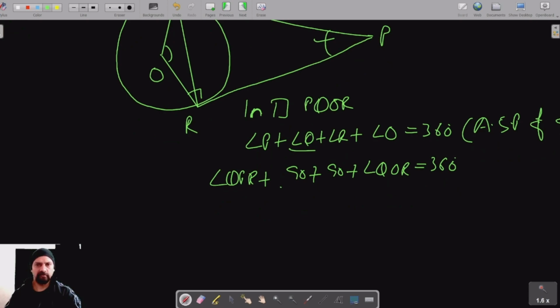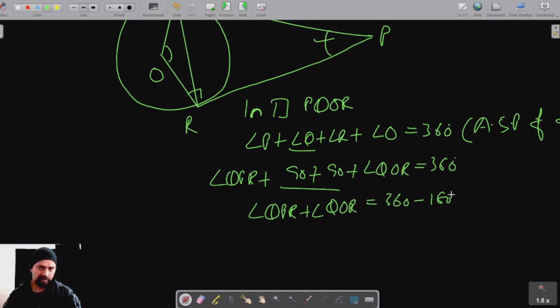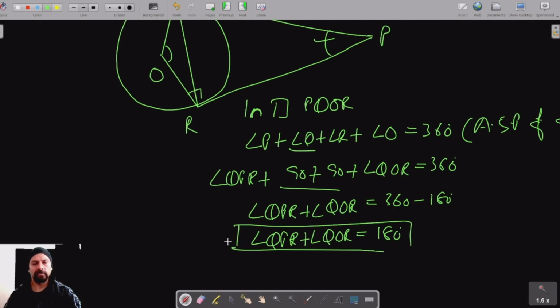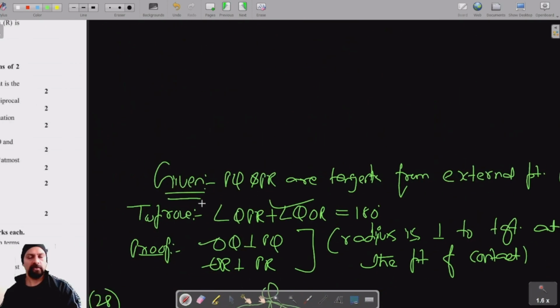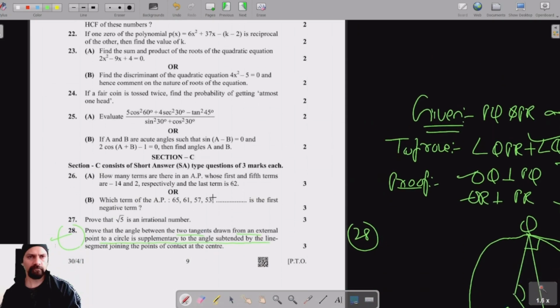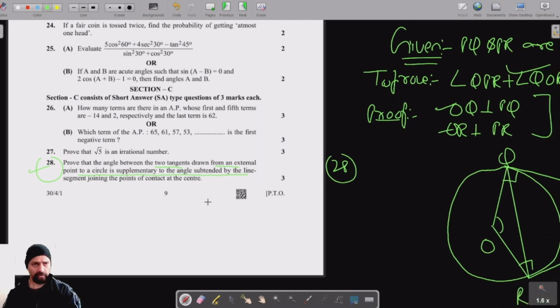So 90 plus 90 is 180. So angle QPR plus angle QOR is equal to 360 minus 180. So angle QPR plus angle QOR is equal to 180 degrees, and that's what we have to prove. And let's move on to question number 29.